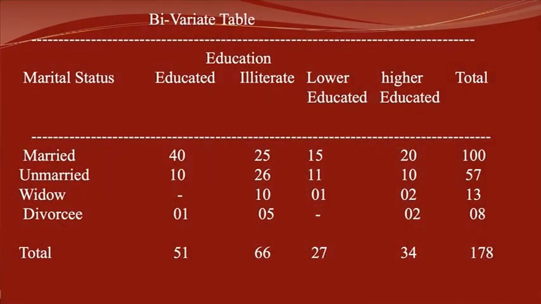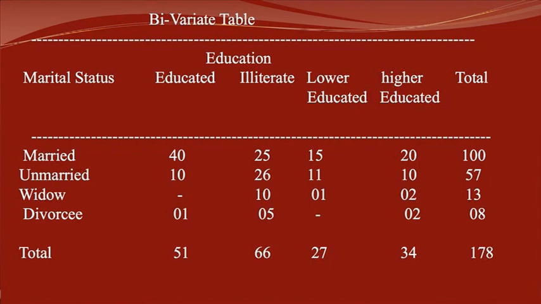When we use two variables, sometimes we want to correlate one variable with another. In that sense, we use the bivariate table. This is a form of bivariate table in which two variables are there. Marital status is one variable and education is another variable.